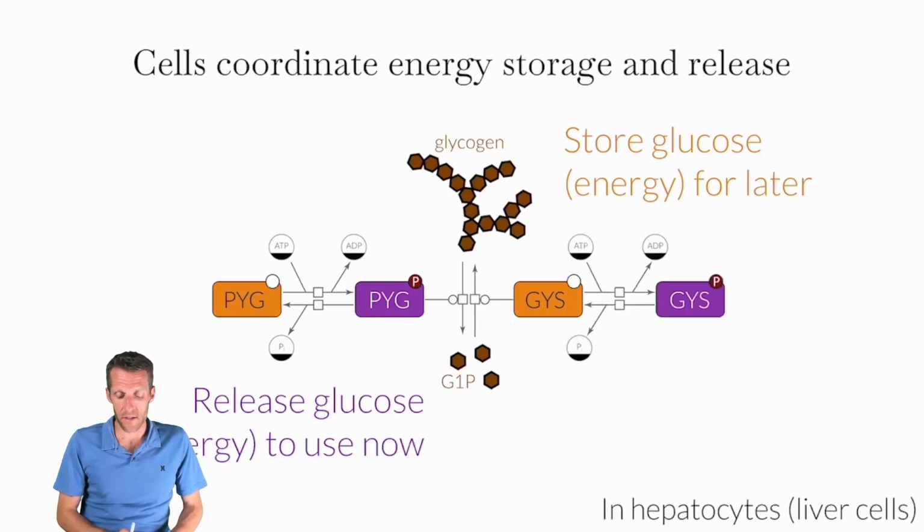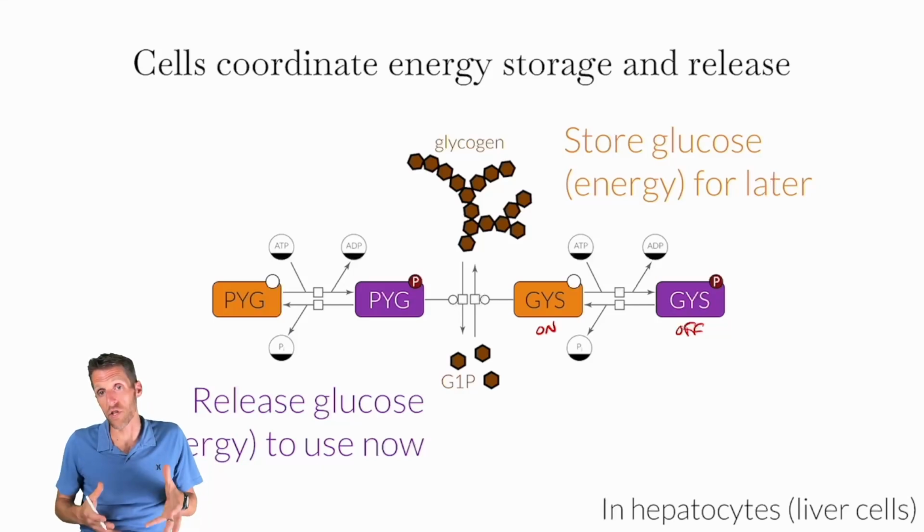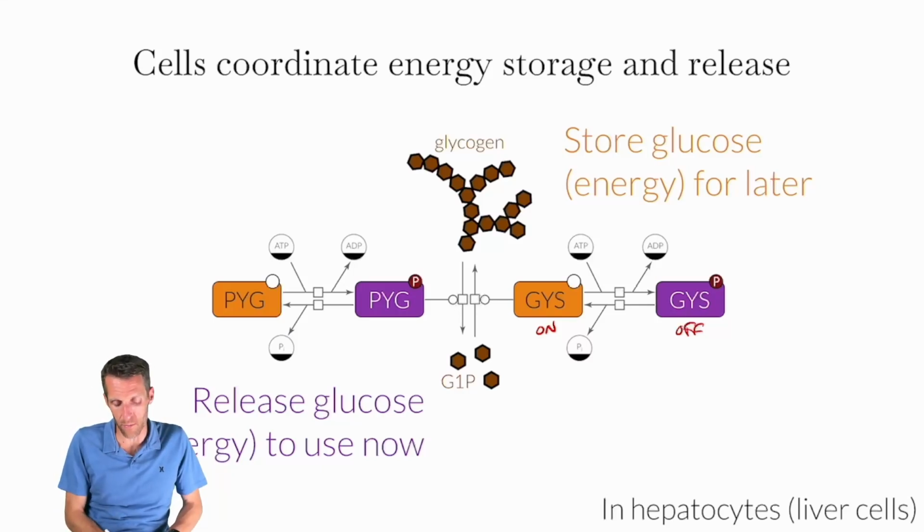With GYS, if you phosphorylate it, it now goes over here. It can no longer catalyze its reaction. So now it becomes off over here and on over here. So for GYS, if it is dephosphorylated, it is on, and if it's phosphorylated, it's off. Hopefully what you can see with these colors is there's kind of a switch.